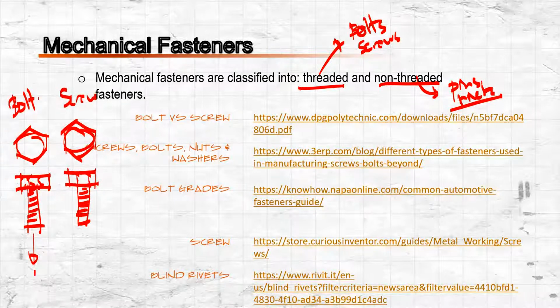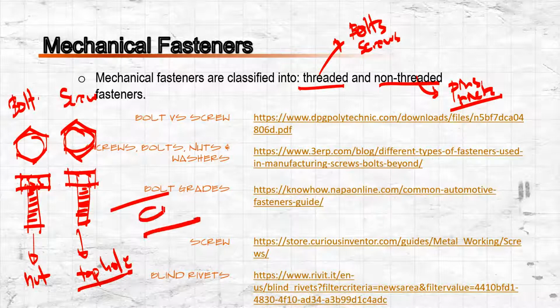The difference is that a bolt is intended to mate with a nut, but a screw is intended to mate with a tapped hole. So this tapped hole is basically a hole. For example, this is our part, and this hole has internal threads. If the mating part is a tapped hole, then that's for a screw, and if the mating part is a nut, then that's a bolt.